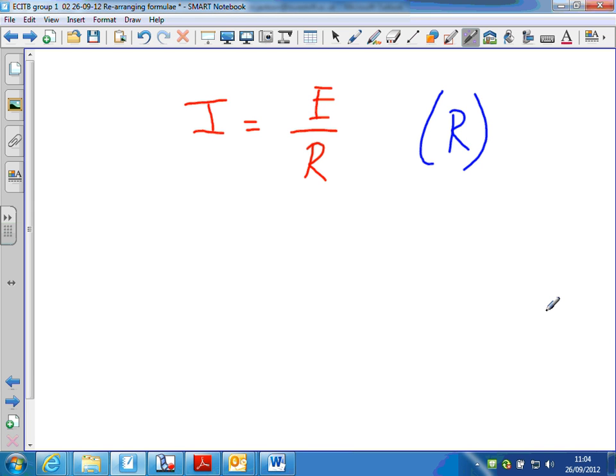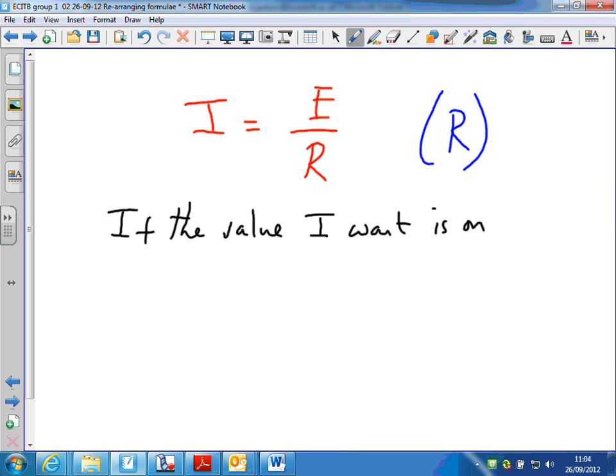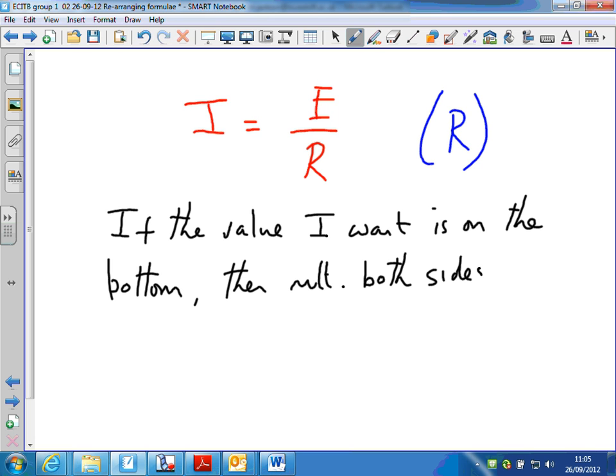So if the value I want, in this case R, is on the bottom, then multiply both sides by this value to get it to the top.